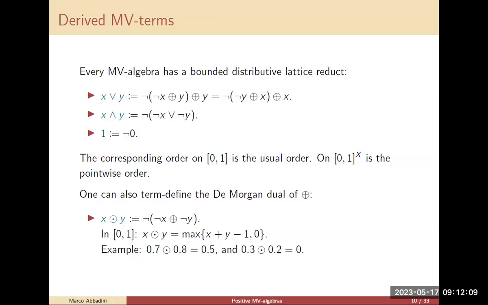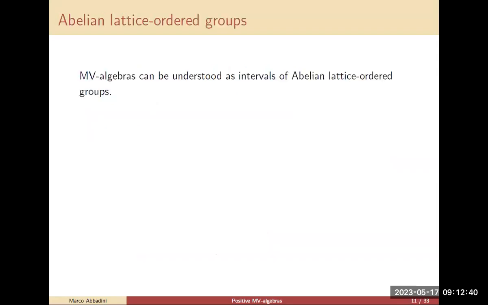So for example, 0.7 times 0.8 is 0.5. 0.3 times 0.2 is 0. We say times, I think, just because 1 is the identity element of this times. But it has nothing to do with the usual product of real numbers. It's also called the strong conjunction, while plus is called strong disjunction.